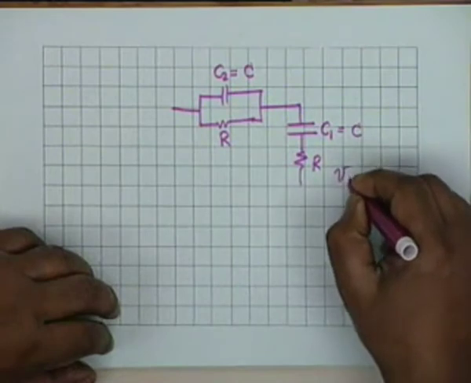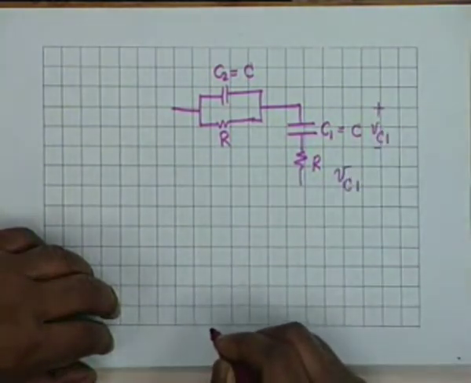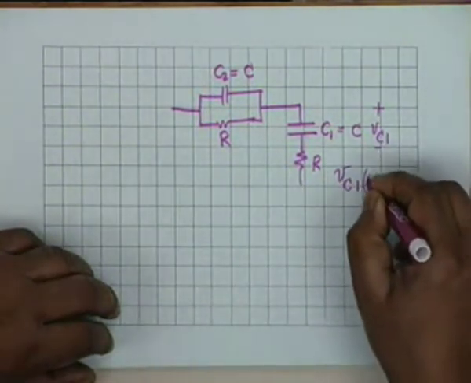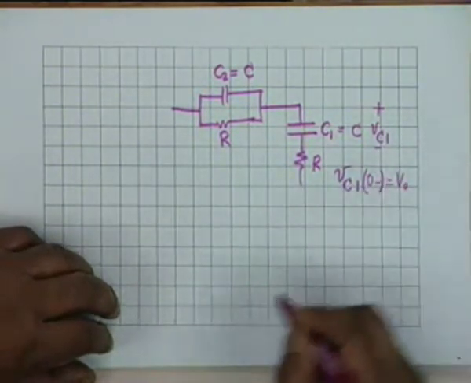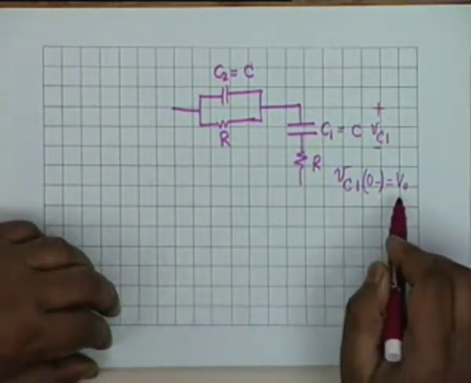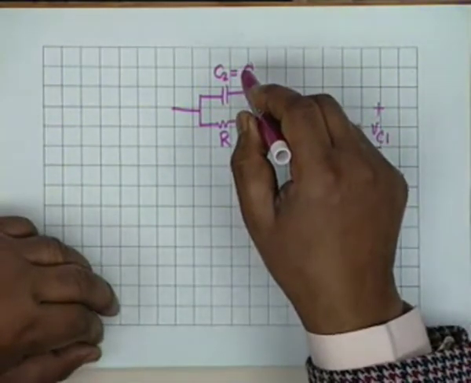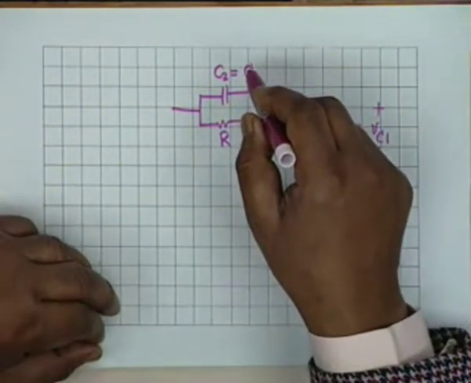VC1 at 0 minus we will say is V0. We have charged this capacitor to a voltage V0. C2 is left uncharged, its initial charge is 0.